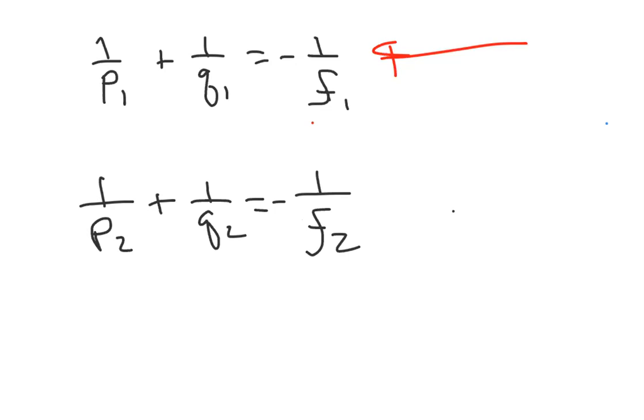What should Q be? And when you solve for Q, what should the sign of Q be? For a convex mirror, what's the sign of Q? What should it be when you solve for Q here?